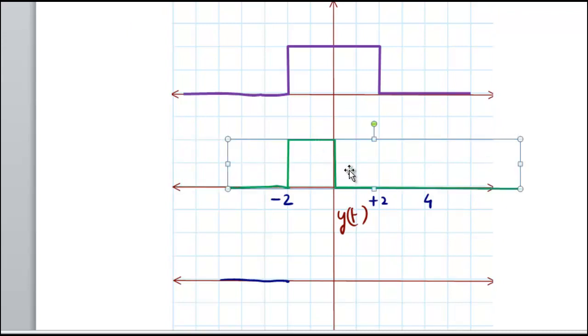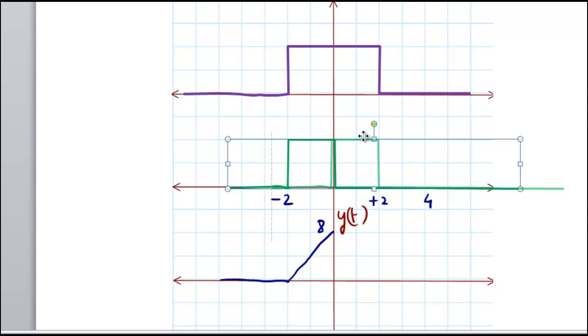When this signal reaches here, that means the signal has reached 0. So up till that, slowly the area will increase and your y of t will also increase and it will reach here. Its amplitude here will be 8, and then the signal will basically move like this.